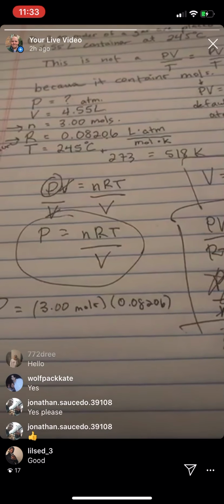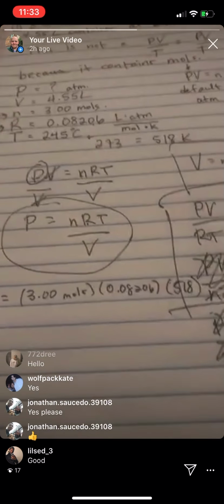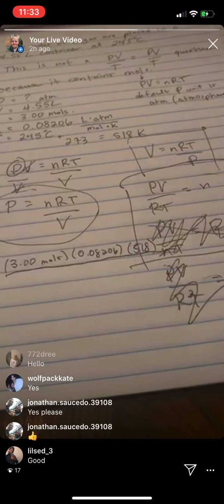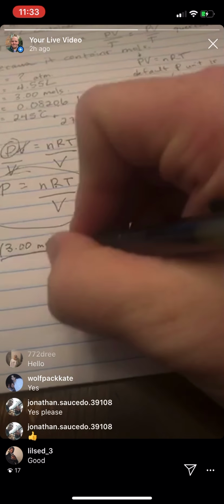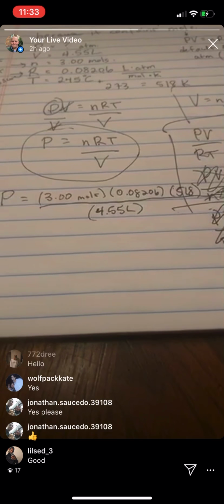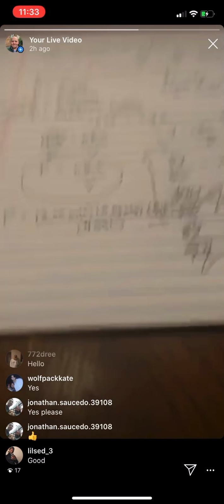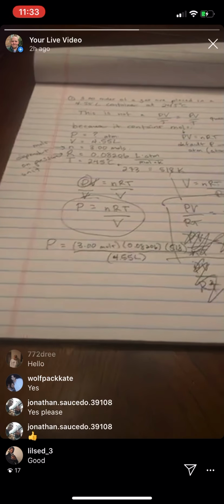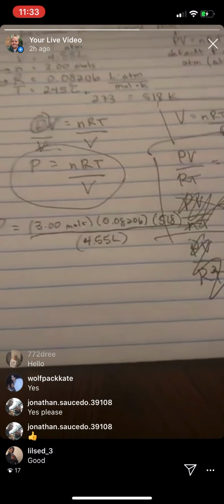My T value is 518. Okay. Divided by my volume, which was 4.55 liter. I've got a key for this around here somewhere. Probably need to find that as opposed to keep calculating numbers, but that's how you set it up.